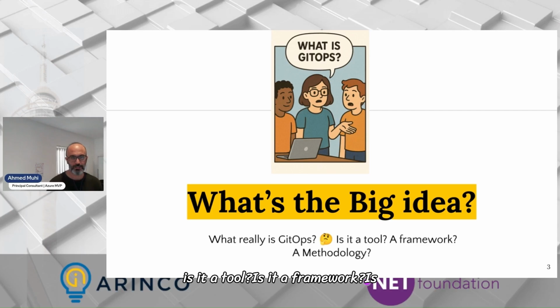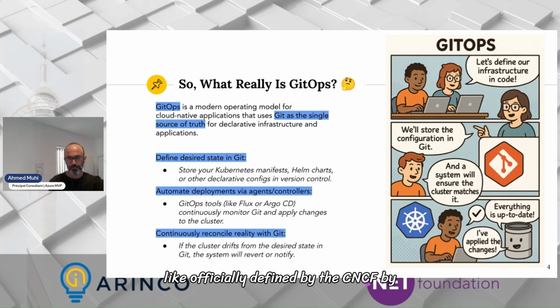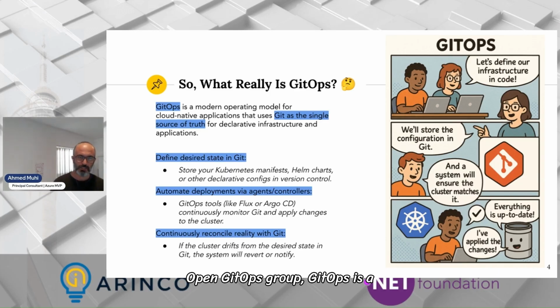Is it a tool? Is it a framework? Is it a methodology? And of course, the answer is all. GitOps, as officially defined by the CNCF and the Open GitOps Group, is a modern way of deploying cloud native applications.